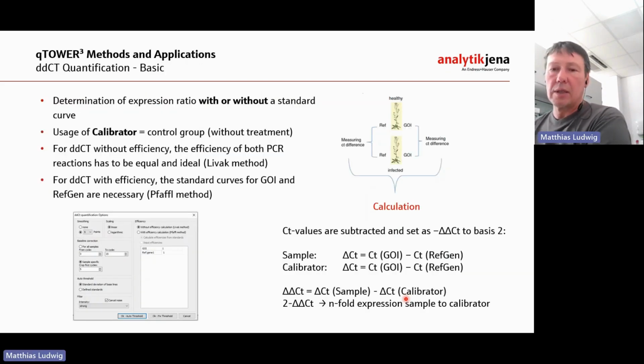The next method, which is also very popular, is the delta CT quantification. This quantification is often used in research areas at universities, because this tool is used for the determination of expression factors or ratios for different groups, for housekeeping genes and also for my gene of interest.